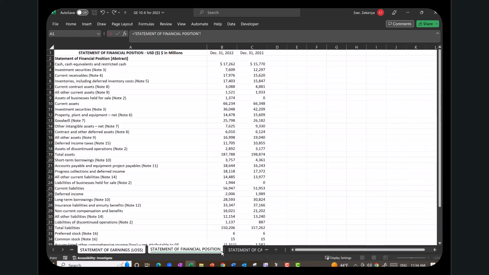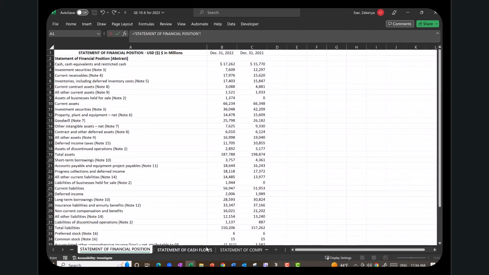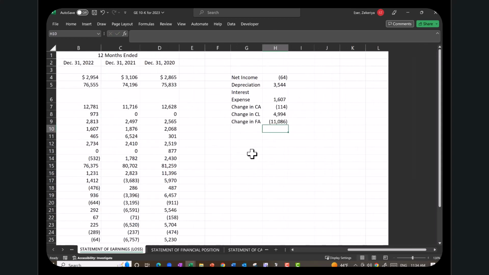Well, let's call it change in assets. Actually, let me get to total assets, because I want change in fixed assets.